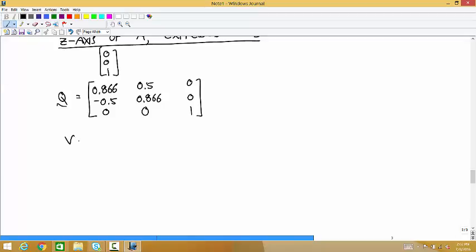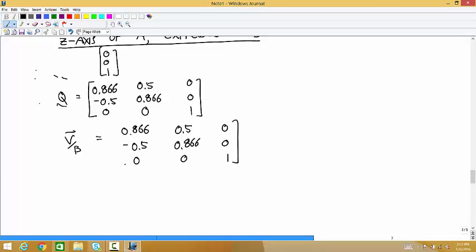And so our vector components in the B coordinate system are equal to this Q matrix, 0.866, negative 0.5, 0; 0.5, positive 0.866, 0; 0, 0, 1, times that vector v expressed in the A coordinate system, which is what we started with.